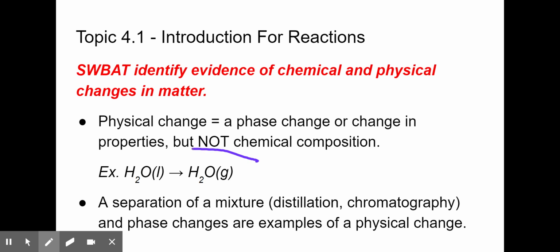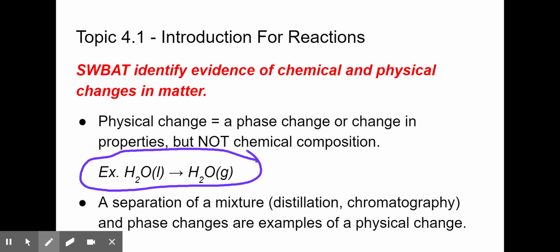So in this example, we have water as a liquid going to water as a gas, which would be vaporization or boiling, as we commonly call it. Remember that a separation of a mixture and phase changes are examples of a physical change.